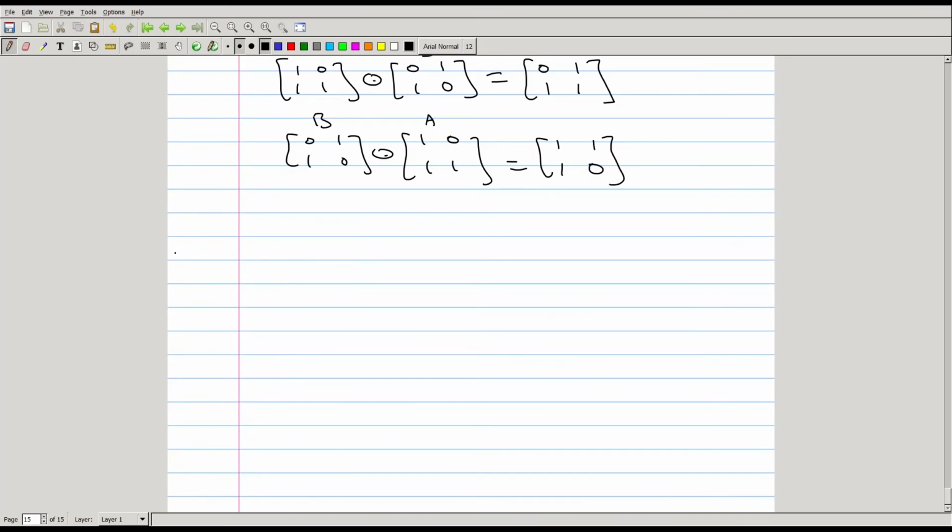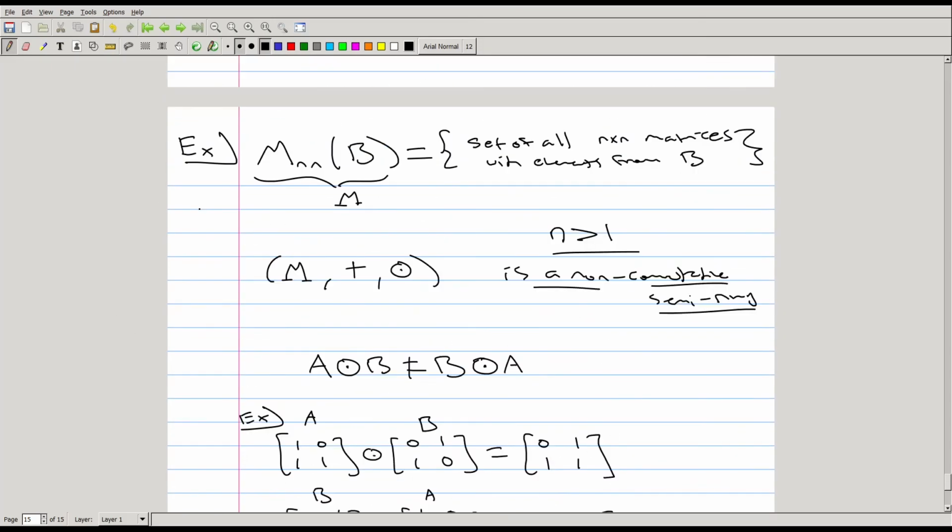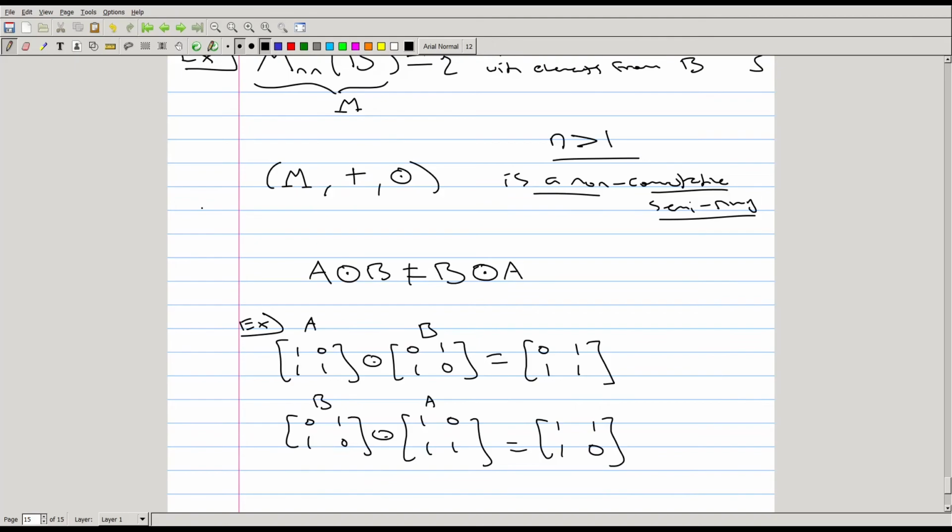So this, I think, gives a very good number of examples showing in general what we can do with rings and why rings are so important. And what I'll do lastly is finish this lecture with the definition of a field.